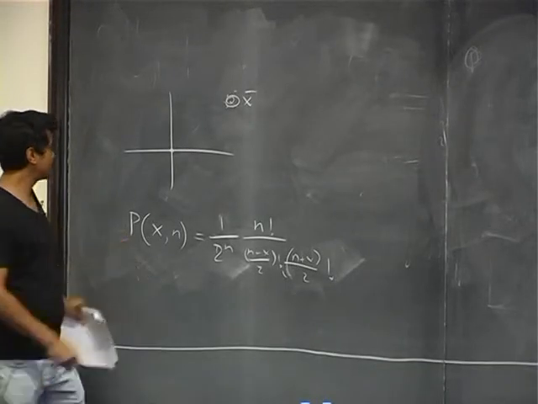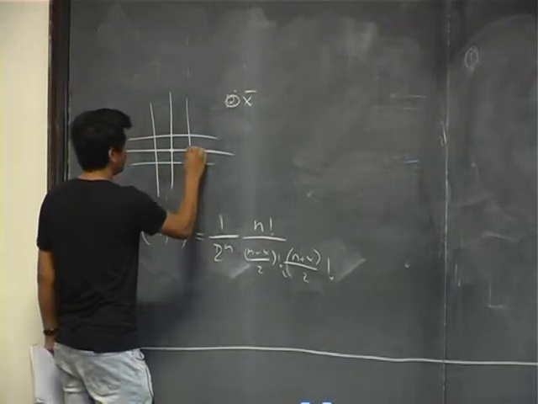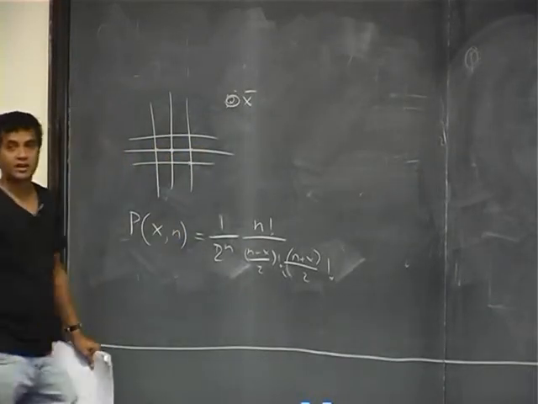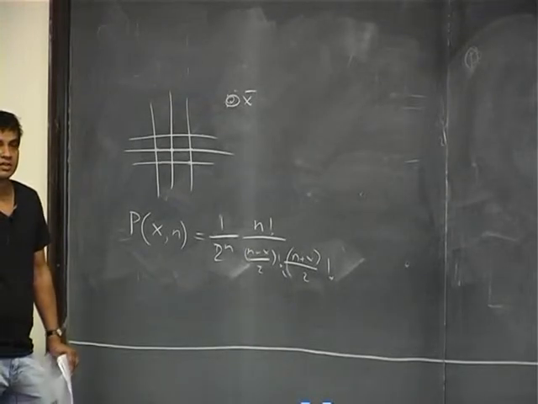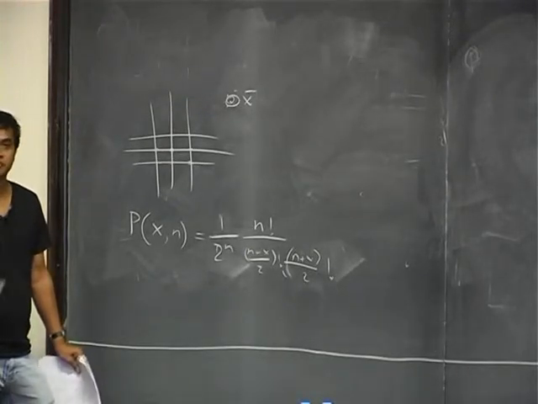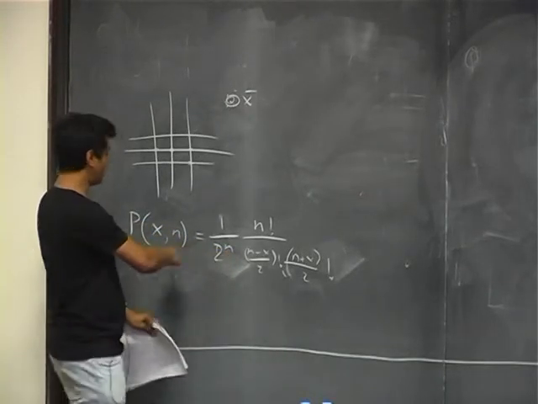Now, if you try to do the same on a 2-dimensional lattice, right? Can you do it? Has anyone tried to do this in 2 dimensions? Like the equivalent of this problem.